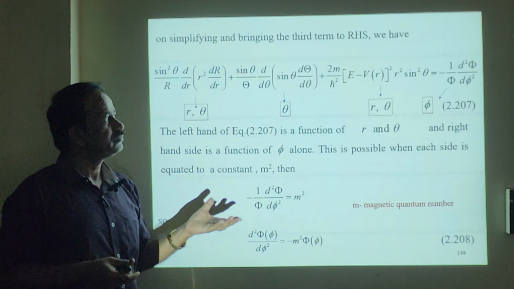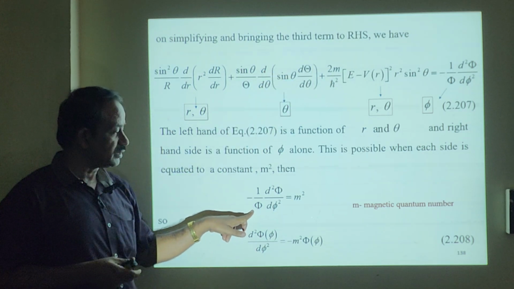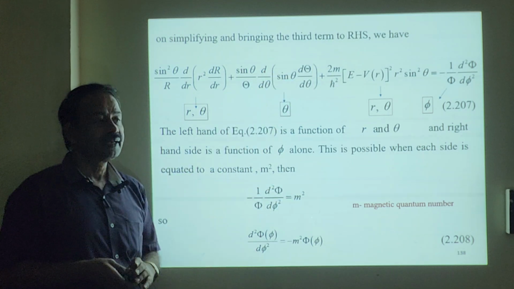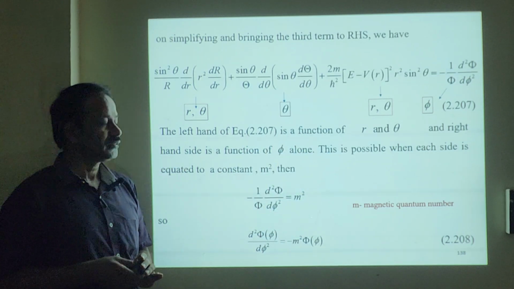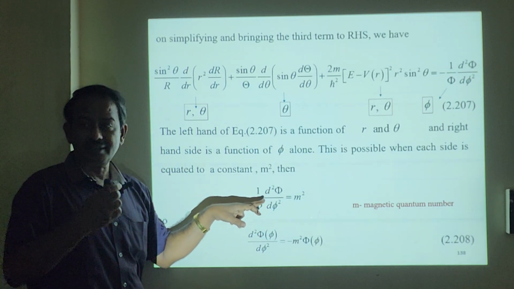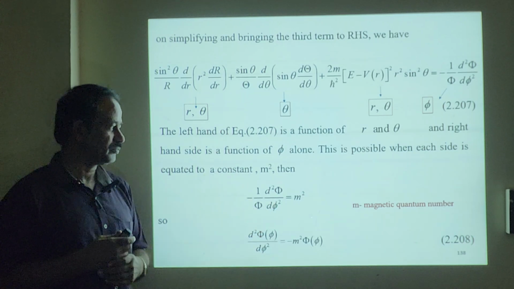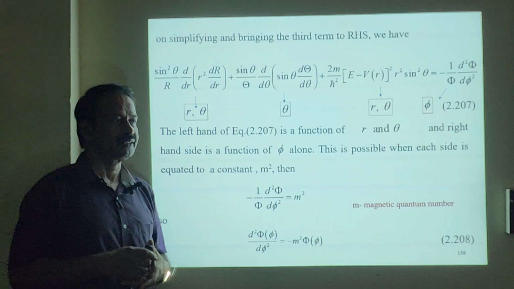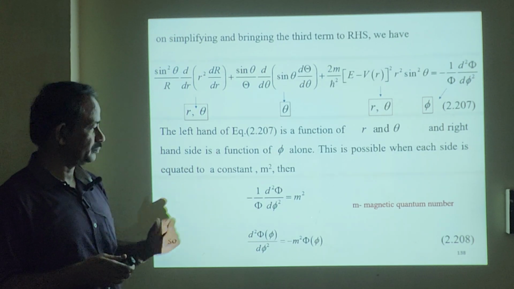So we can equate to some constant. That constant is nothing but your m square, where m is the magnetic quantum number. m depends on the azimuthal angle phi. So that's why the magnetic quantum number comes in here.